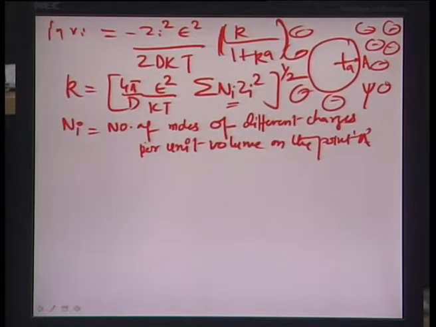So we can really express this in terms of the concentration of the various ions that are there in the solution, and from which we formulated the mean concentration. Okay.